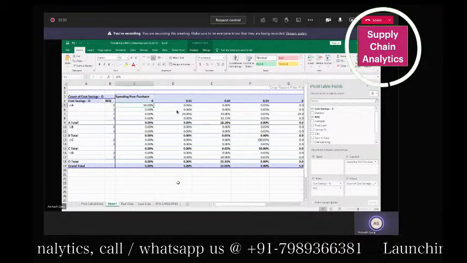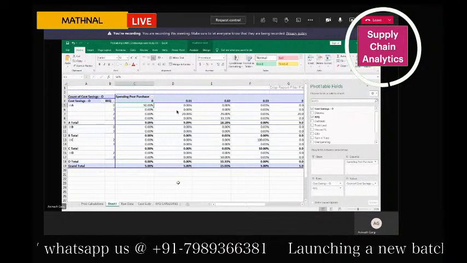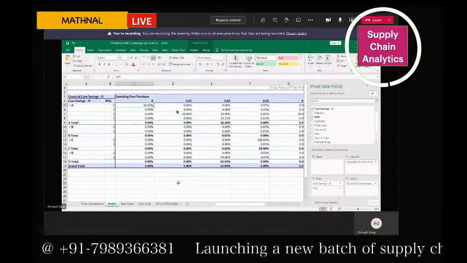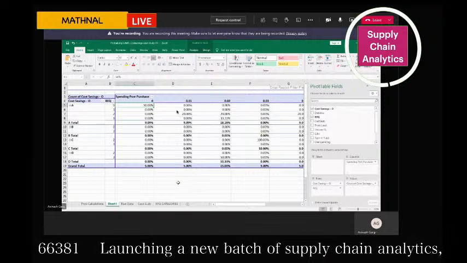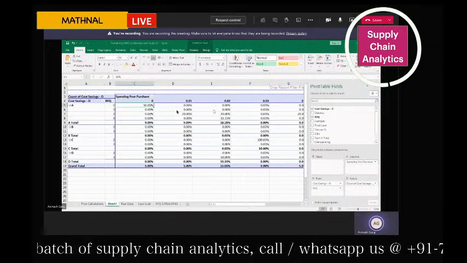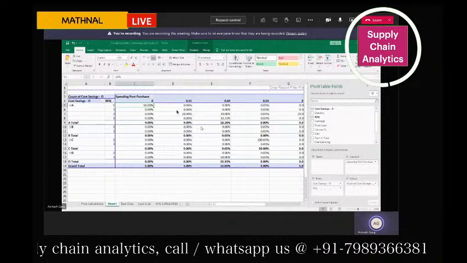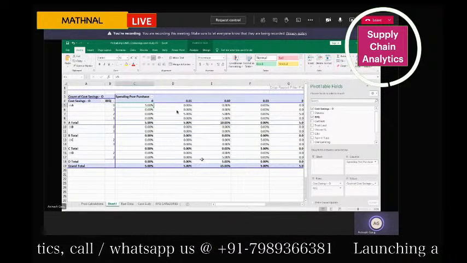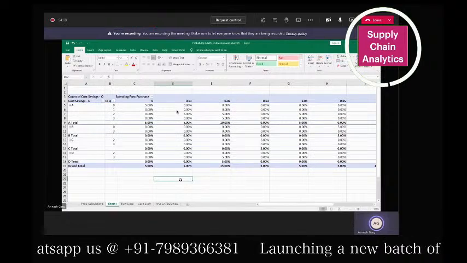Okay. So like this, we can play with this. And if we take grand total, we will get the last stage, as you said: the intersection of all three variables.